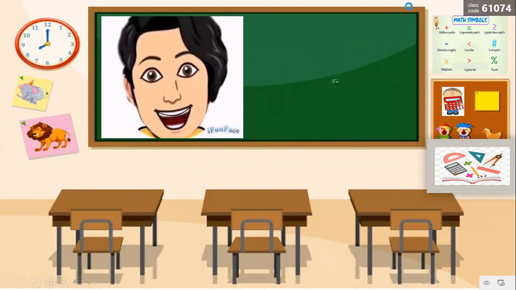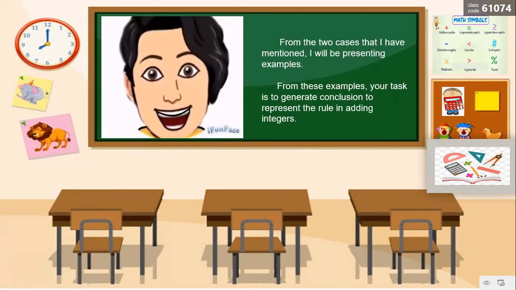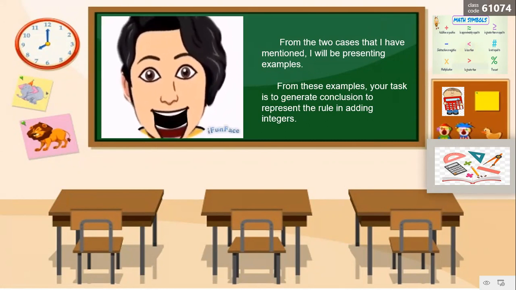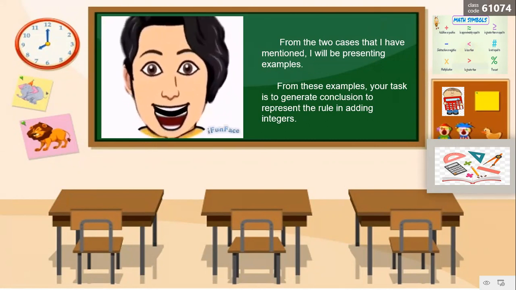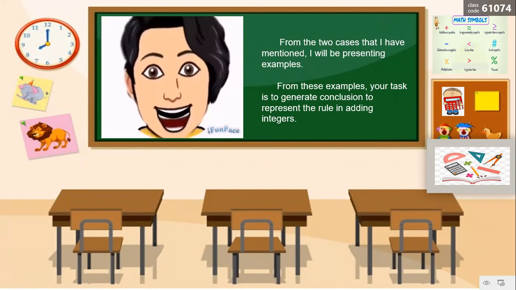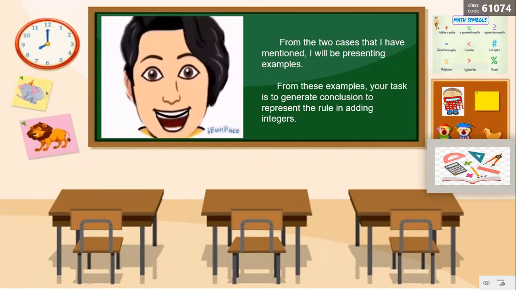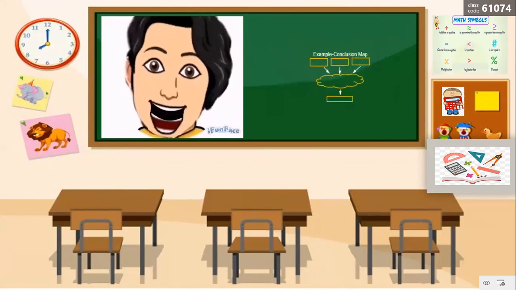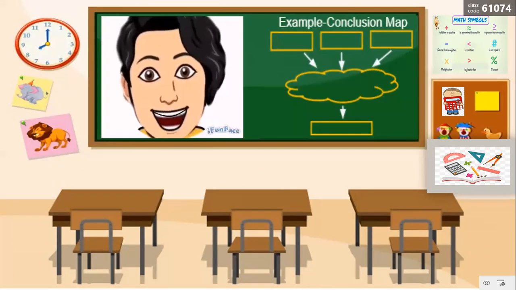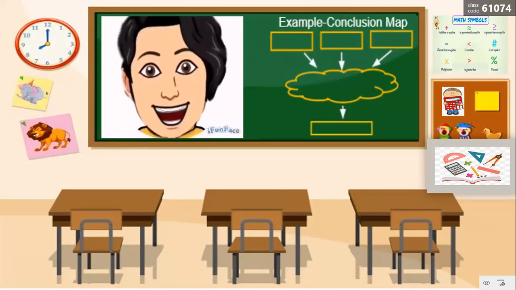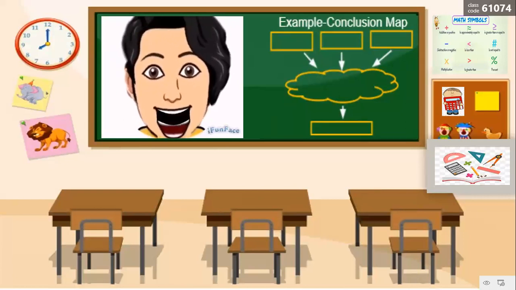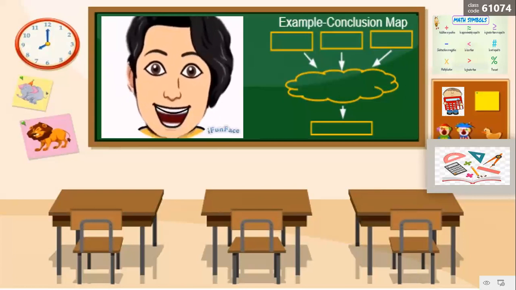From the 2 cases that I have mentioned, I will be presenting examples. From these examples, be attentive. Your task is to generate a conclusion to represent the rule in adding integers. Are you ready, my dear students? Here we go. In here, I will be using an example conclusion map. As you can see, we have here 3 boxes, a cloud, and another box.